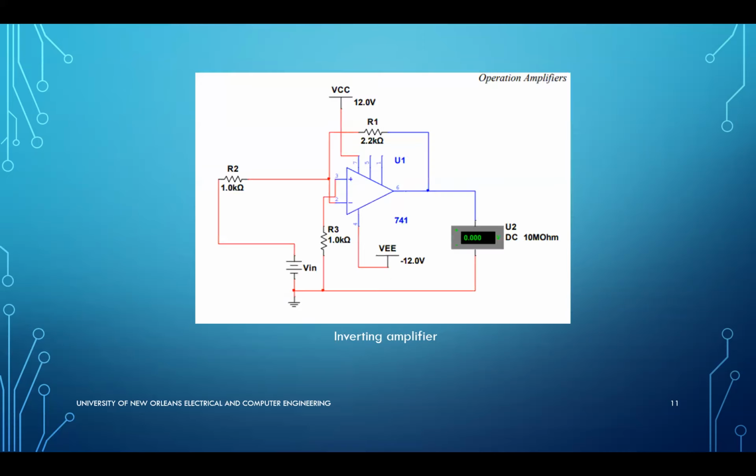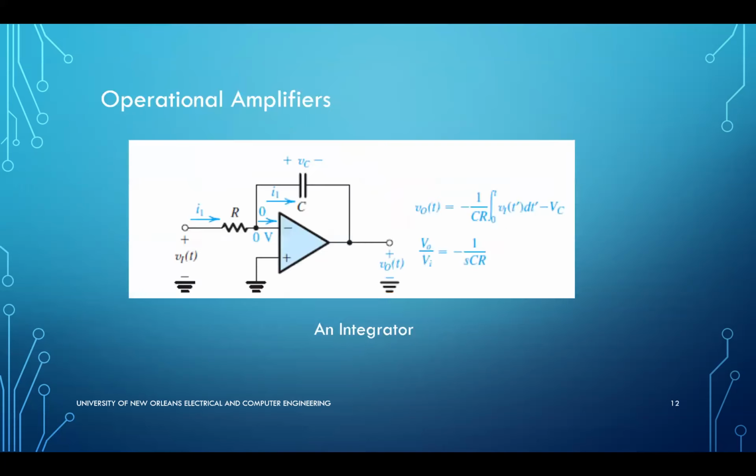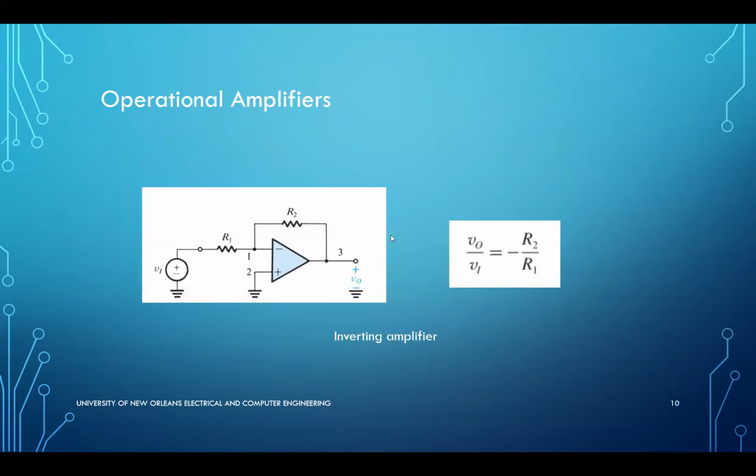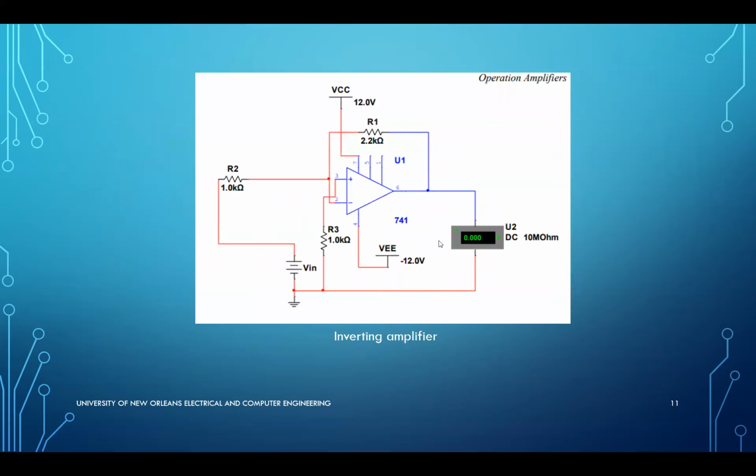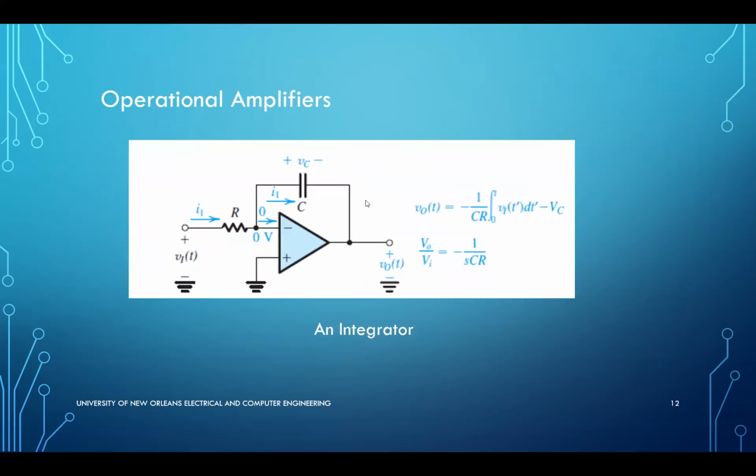And we're going to do this in a minute, I'm going to hook up this device so you can see. The other thing that we can do with this type of device is create other kinds of applications. In this particular case, if I replace this feedback resistor by a capacitor, and I'll show you this circuit in a minute, what it does is that it integrates the input.